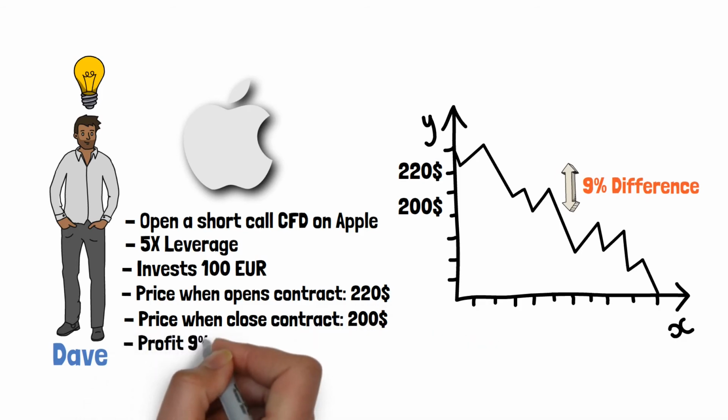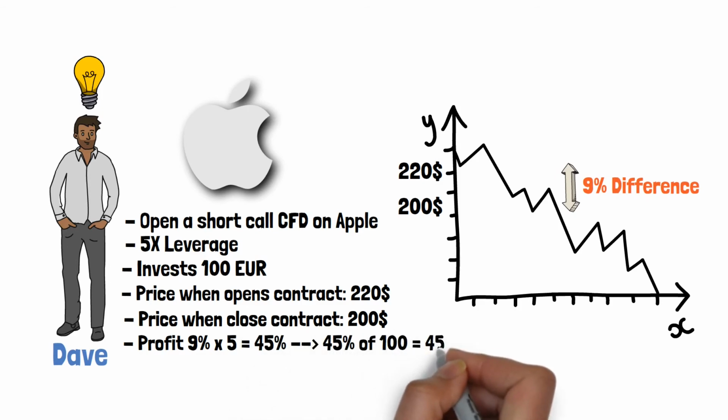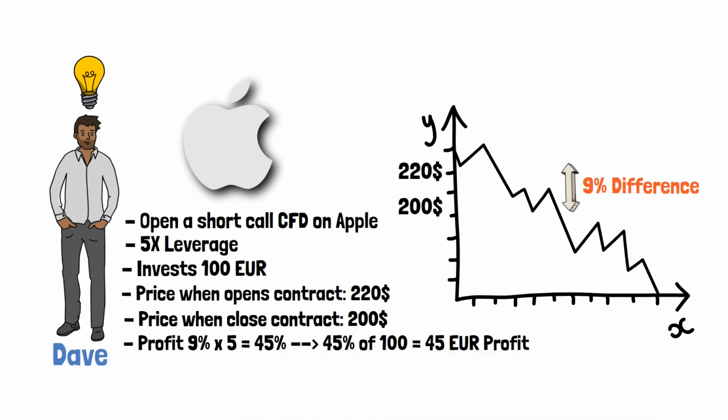However, this is not what Dave's going to make in profit because, as we mentioned earlier, he leveraged his money 5 times. So in this case, he'll be earning 5 times the difference in price. So he's getting 45% over what he originally invested, which was 100 euros. So he gets back his original 100 euros invested plus 45 euros on profits.